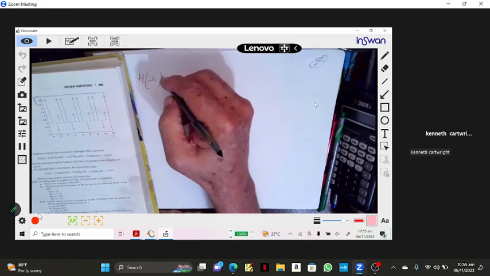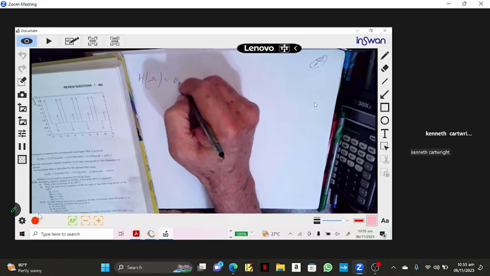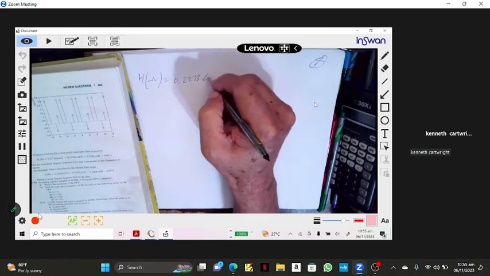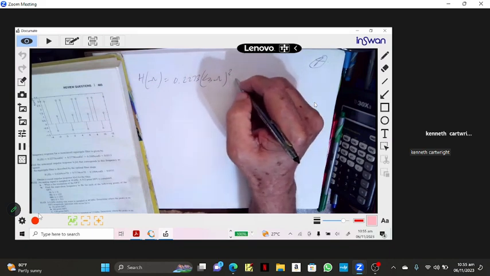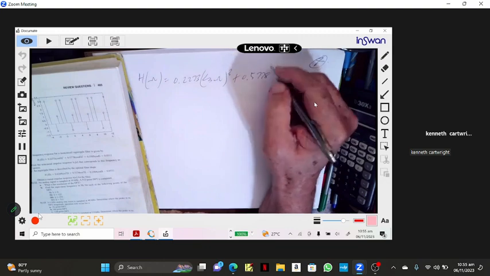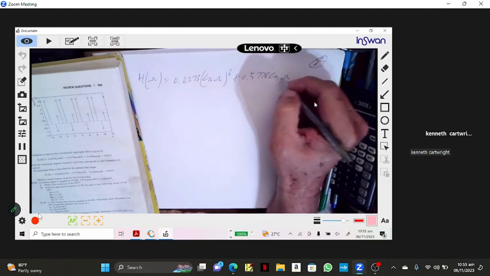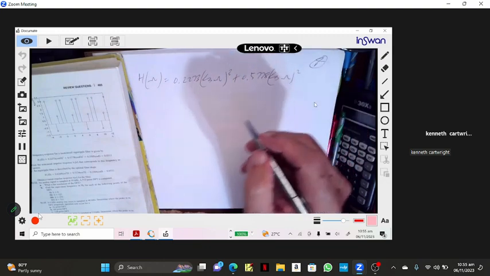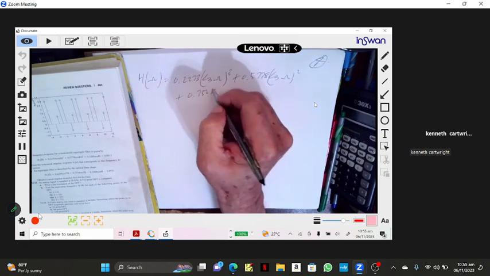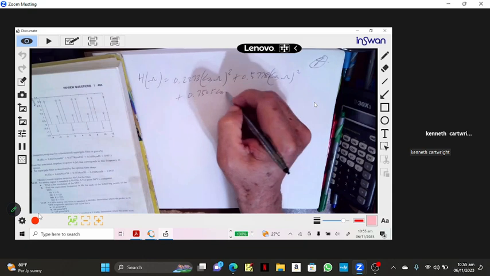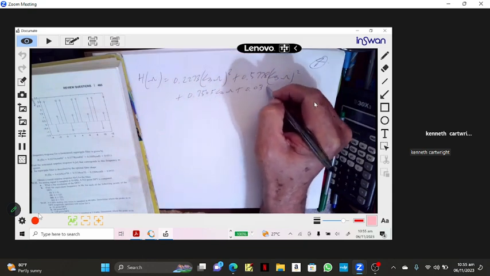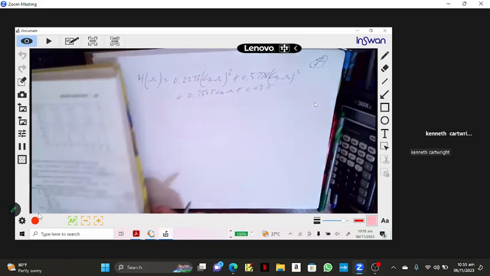H of omega is 0.2273 cosine omega cubed plus 0.5778 cosine omega squared plus 0.3505 cosine omega plus 0.0311. There's h of omega.